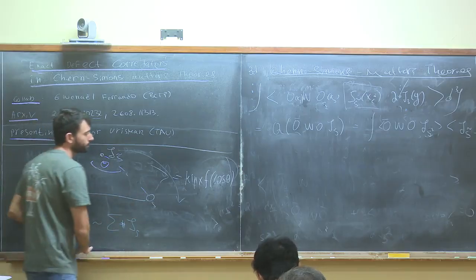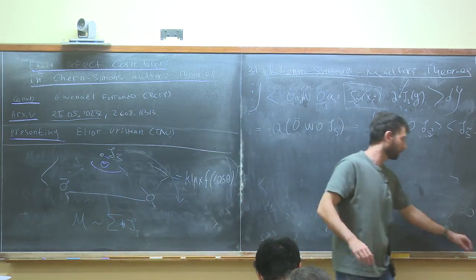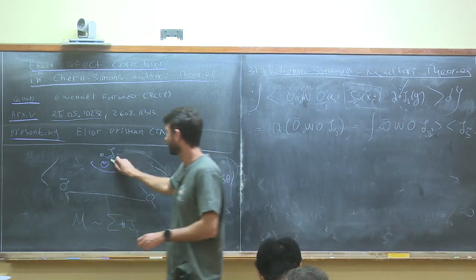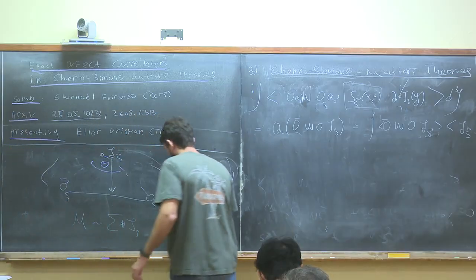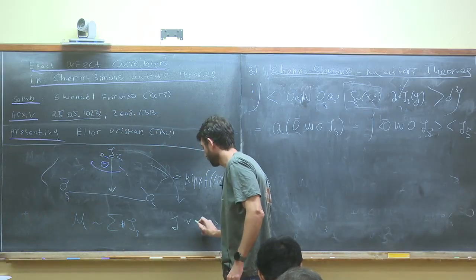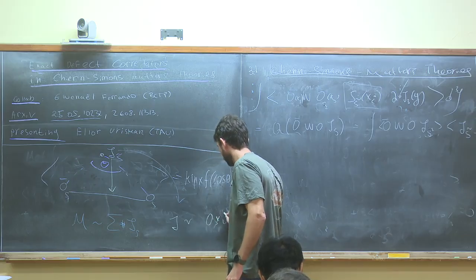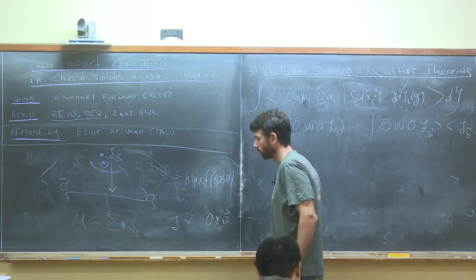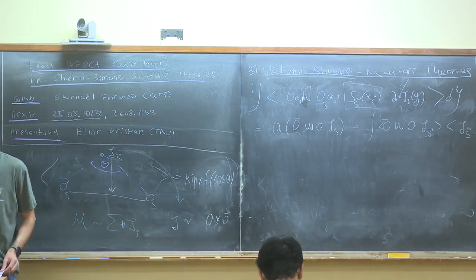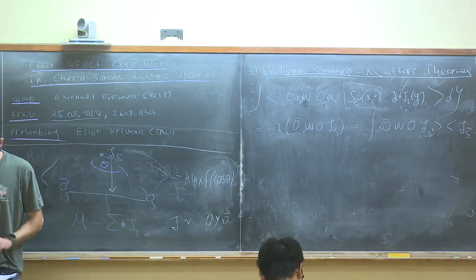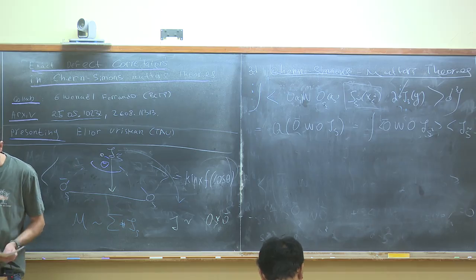Another limit is if I send the bulk operator to the line, and this would be the limit where I'm expanding this bulk operator in terms of local operators. So it contains two distinct OPE limits. And that's roughly what I wanted to tell you about this.